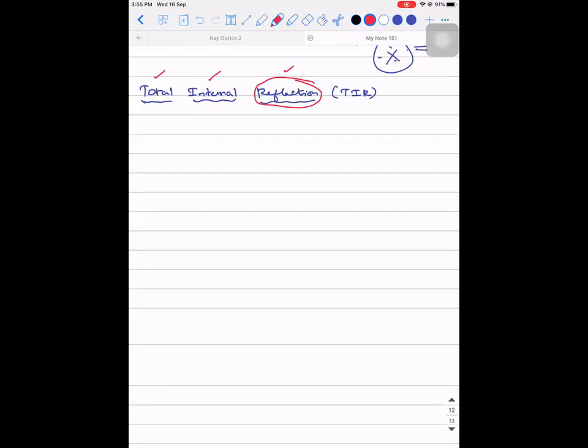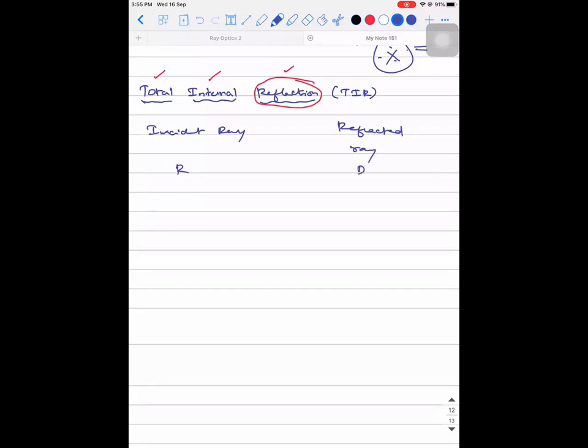Before you proceed with this topic, there are certain prerequisites. You need to have an understanding of how the ray bends from one medium to another. Incident ray and refracted ray.